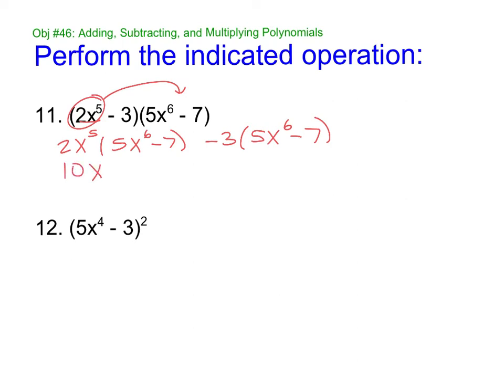So I get 10x to the 11th minus 14x to the 5th minus 15x to the 6th plus 21. Now, in the past, the middle two combined together. Can we combine the middle two together? We can't. Why? They are not like terms.